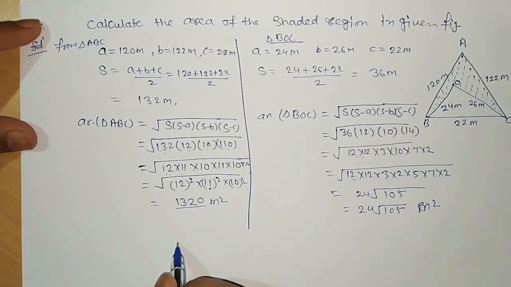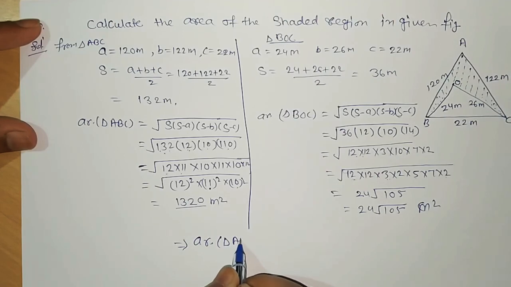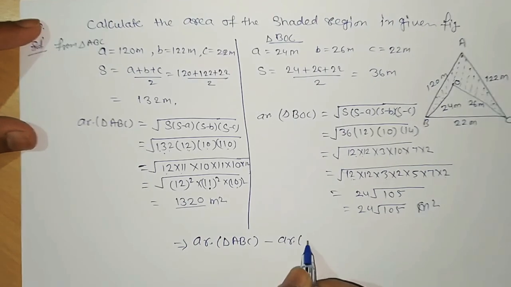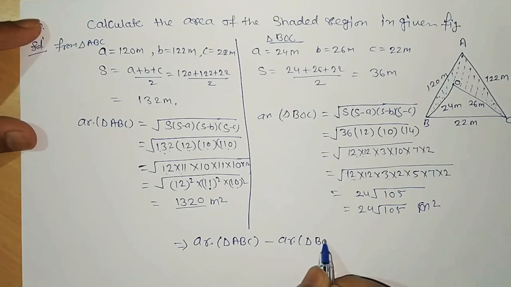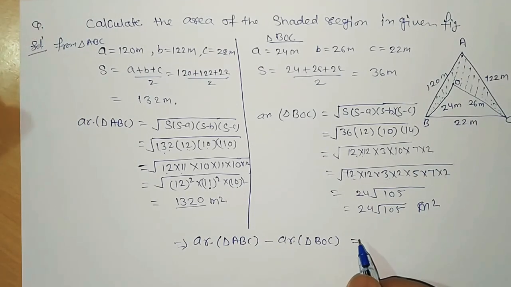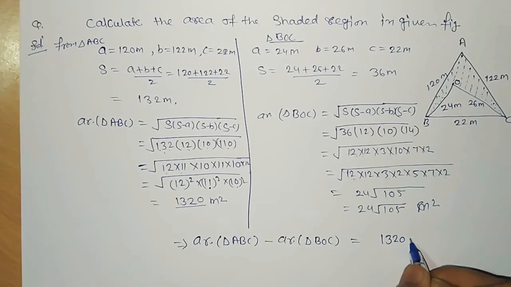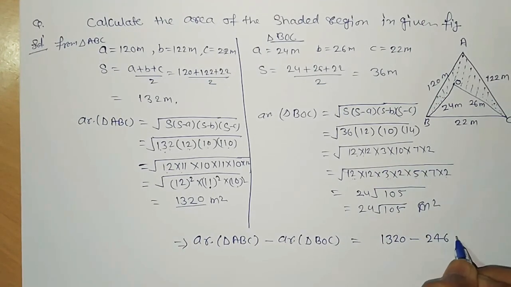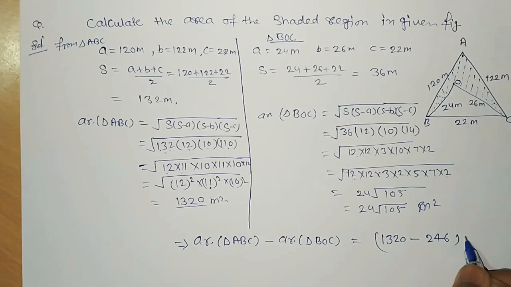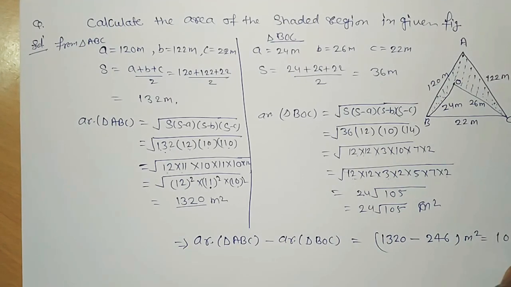So area of triangle ABC minus area of triangle BOC equals 1320 minus 246 meter square, equals 1074 meter square, which is the answer of this question, because 24 into 105 is the unshaded part area.